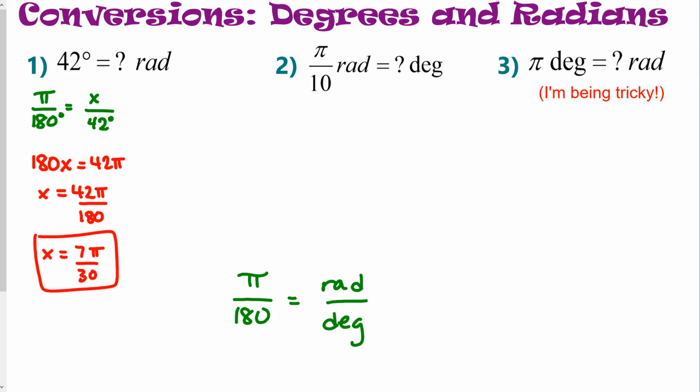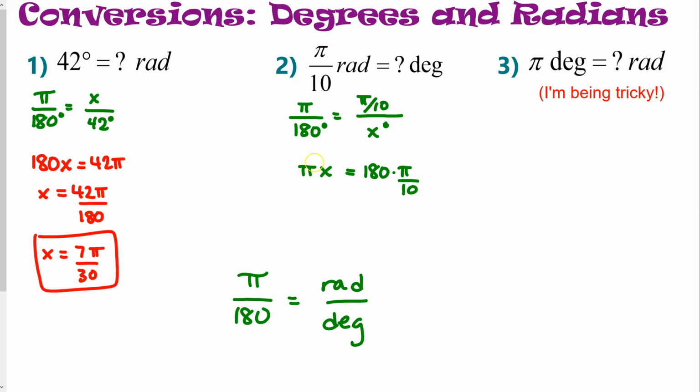Okay, for the next one, we're given the radian measure and we want to find the degree measure. So we'll start with our proportion. Pi over 180 degrees equals pi over 10 radians over x degrees. And then we can cross multiply and we have pi times x equals 180 times pi over 10.